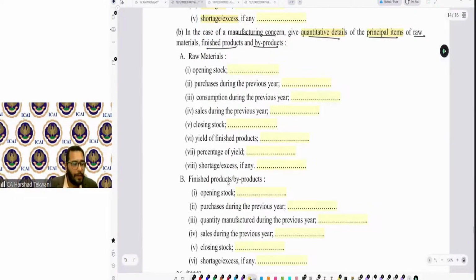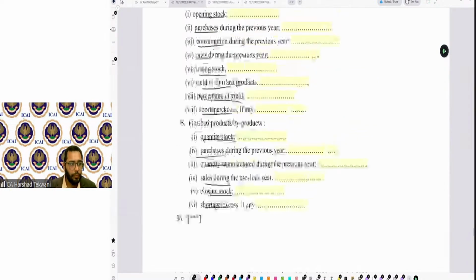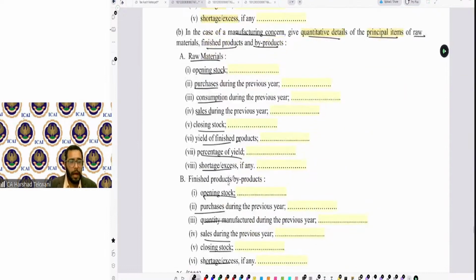We need to provide with respect to raw materials: opening stock, purchase, consumption, sale, closing, yield of finished product out of the consumption of the raw material, percentage of yield, and shortage. Same way, we have opening stock, purchases, quantity manufactured, sales during the year, closing stock, and shortage. So this is again the quantitative details. Quantity, not amount.